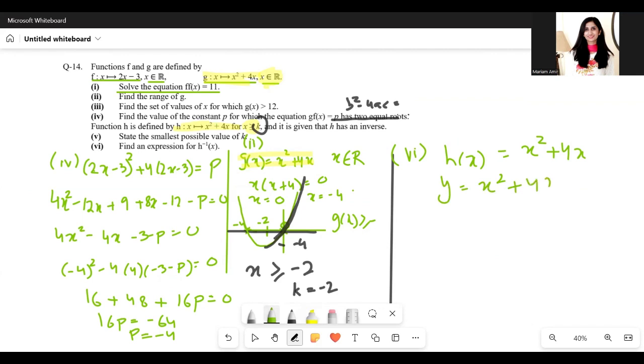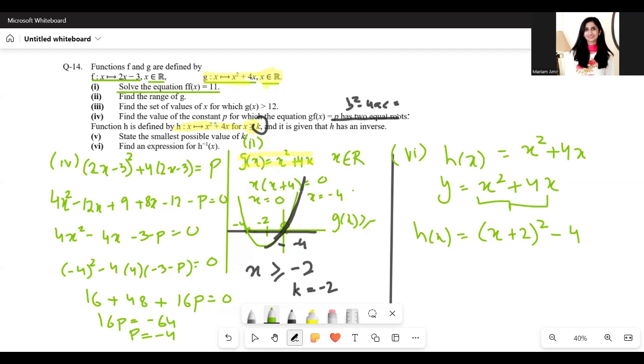That is not possible unless you change this into completed square form. We did that already. Let's do it again. It's going to be (x plus 2) whole square, and what did we add with it? I think it was minus 4. Yep, this was the completed square form we found out earlier.